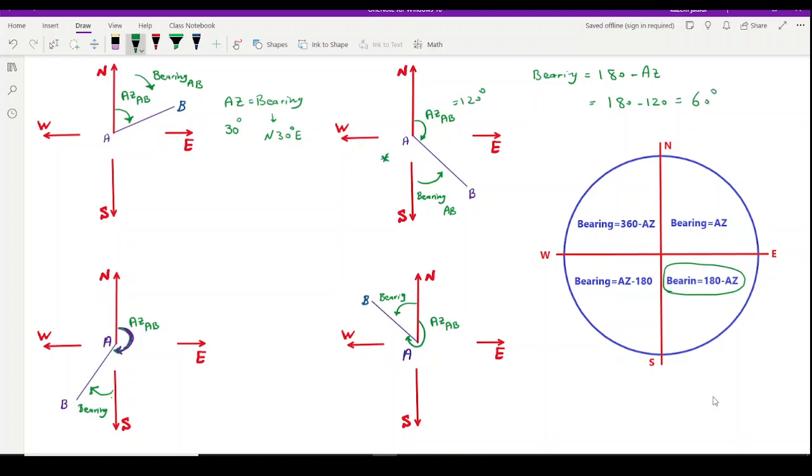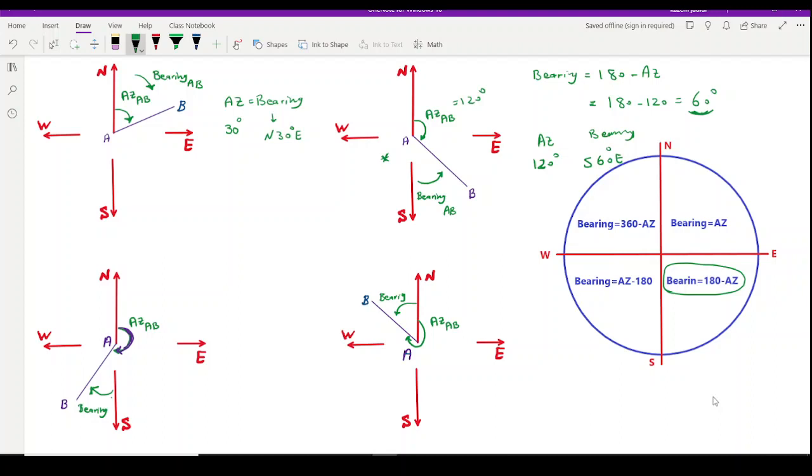I said I will use 30, but by chance this one is 60. That's fine. But we have to show it again properly. So our azimuth is 120 degrees. We don't need any letters. But our bearing is south 60 east. South 60 degrees east.